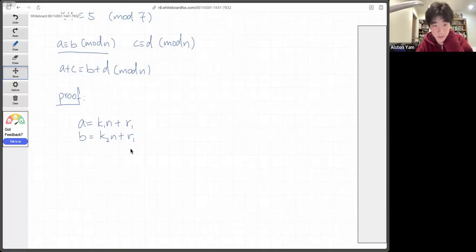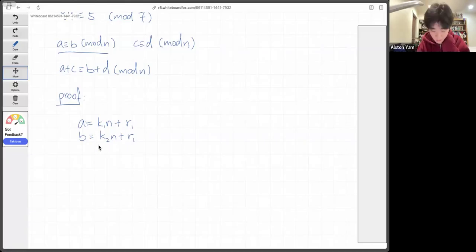We can do this because both A and B will leave a remainder of R1 when we divide by n, right? Because when we divide by n, the K1n disappears, the K2n also disappears. So we will have A is congruent to B mod n. That is the same as writing it like this.